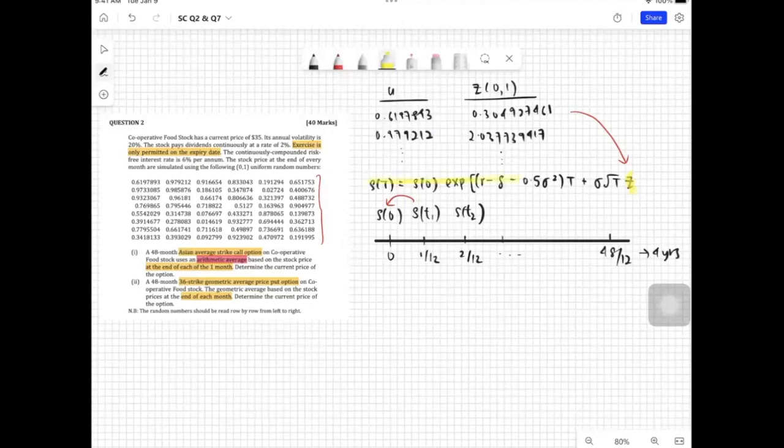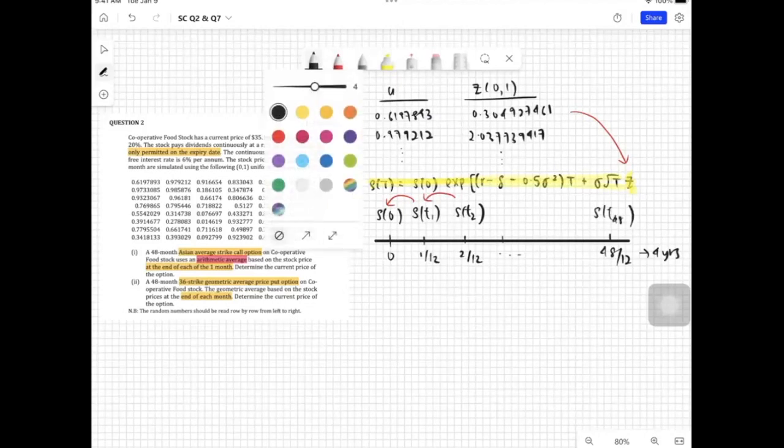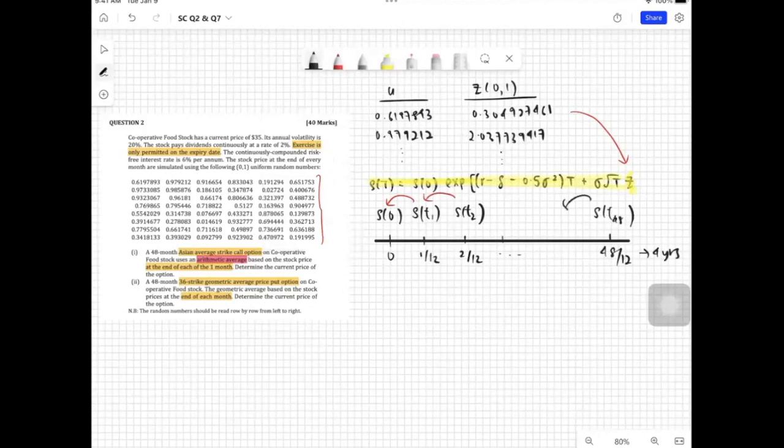So basically we can see that it's a recurring pattern. This is ST48. It goes on, from the previous period all the way back to S0. So ST1 will depend on S0, ST2 will depend on ST1.